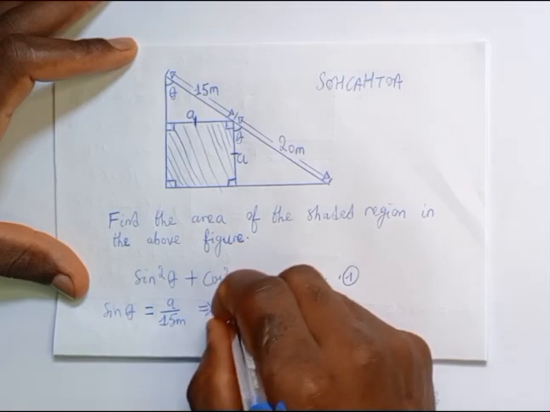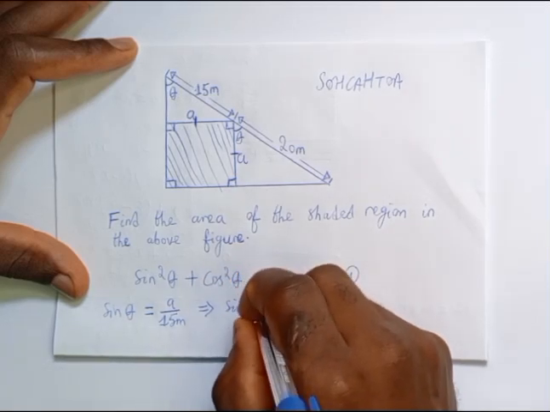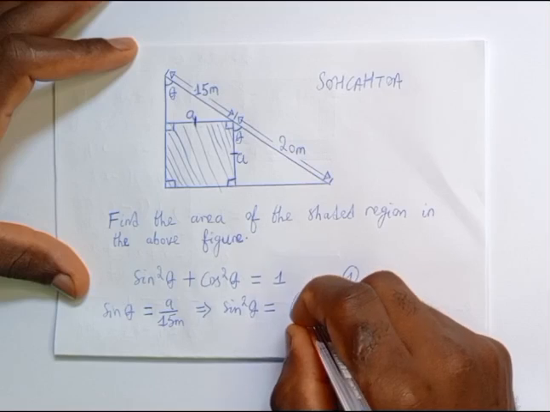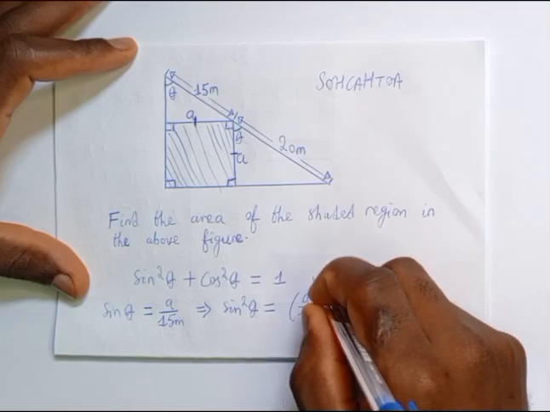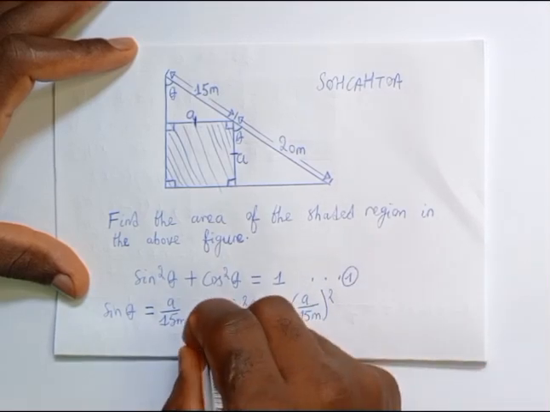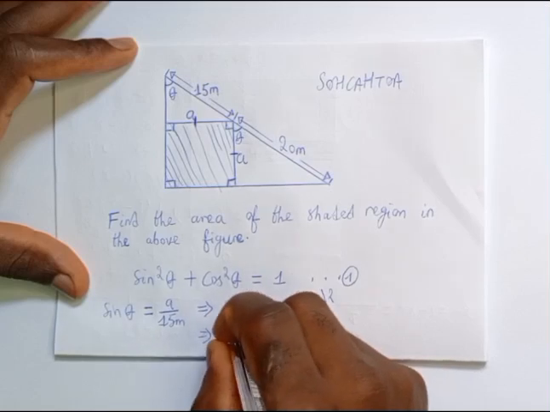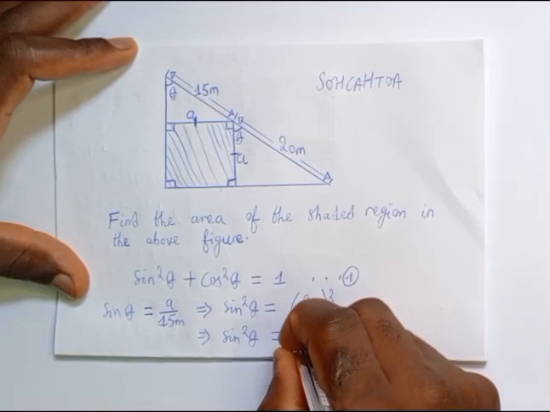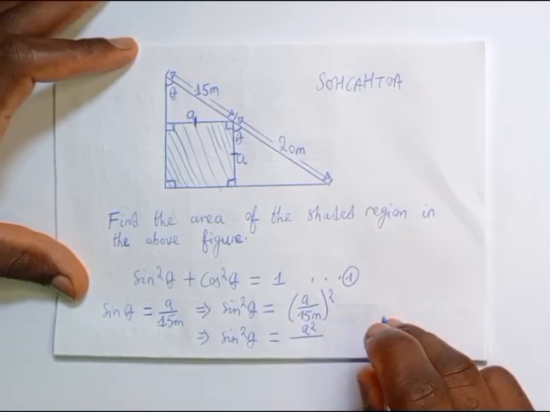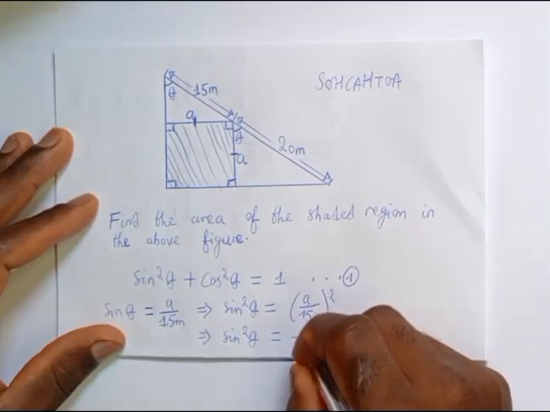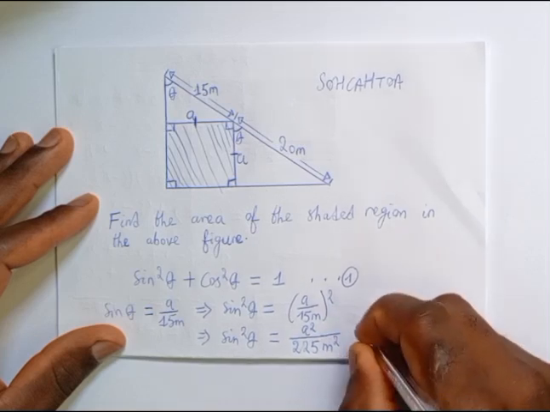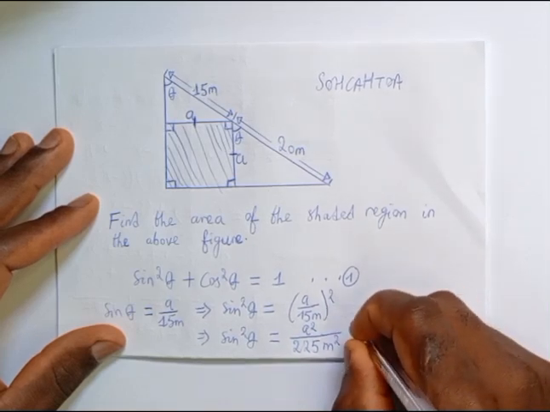Then sine squared theta will be equal to A over 15 meters, all this squared. And this will give us sine squared theta to be equal to A squared all over 225 meters squared. We call this one equation 2.